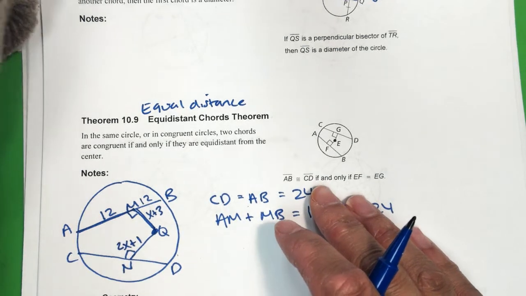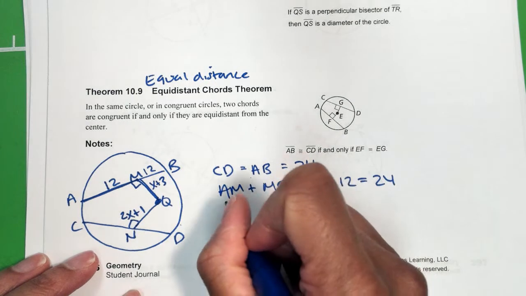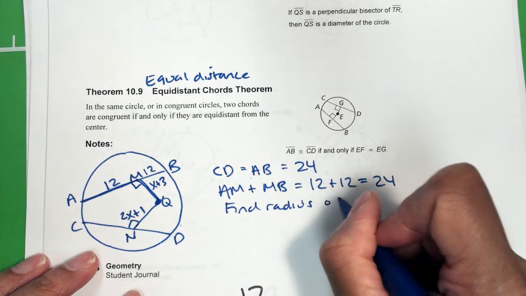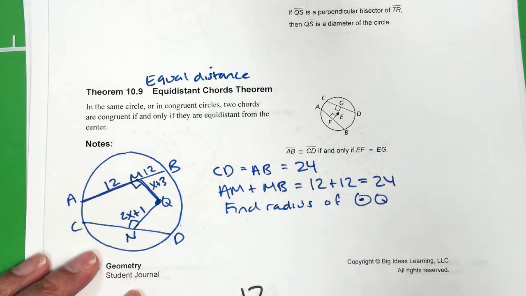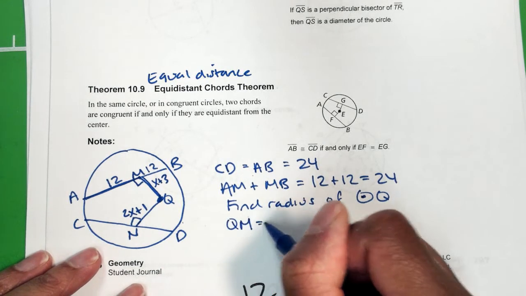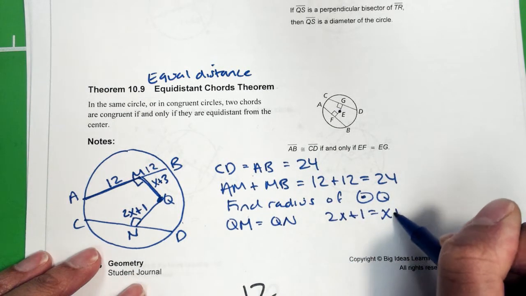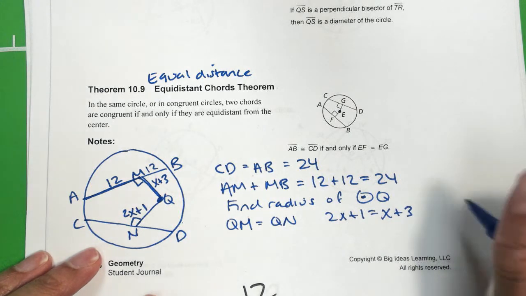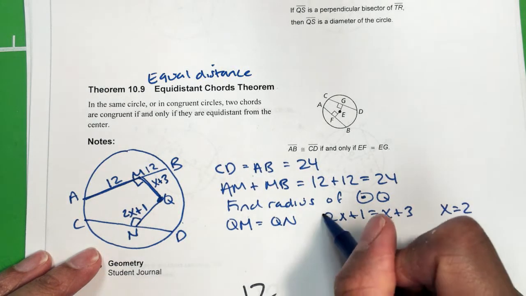Let's say I want to solve for x, or I want to find the radius of center Q. I know Q is a little off center, but we're going to say that it is. Okay, so I have QM congruent to QN. So that means that 2x plus 1 is equal to x plus 3. So I'm left with x equaling 2 when I solve it out. I'm not going to go through the algebra because I know you guys know how to solve for x.